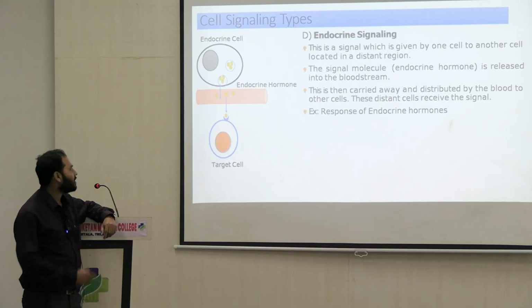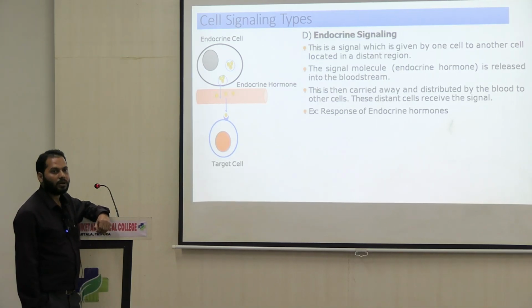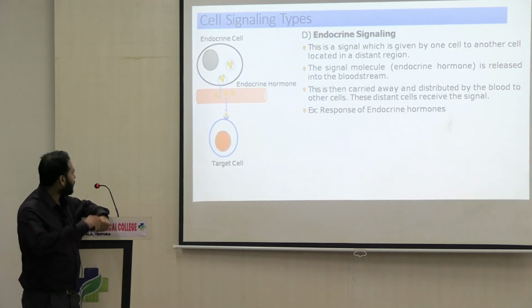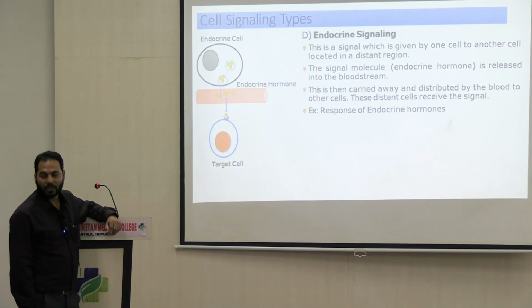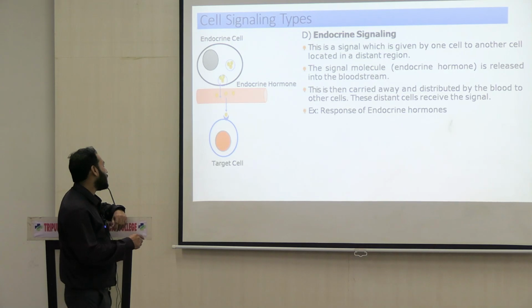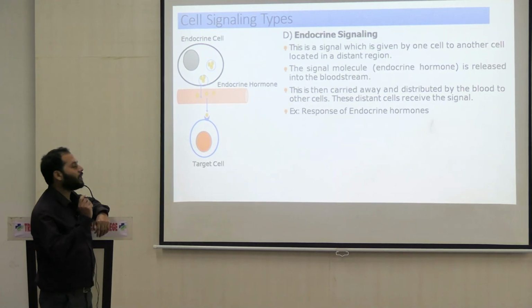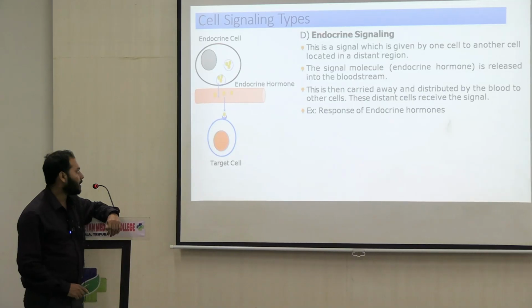So that path is the blood vessels, right, or body fluid. So through blood vessels or through body fluid, this mediator reaches the target cells, and accordingly they bind to the specific receptors and the cells respond, right? So this is another important feature of endocrine communication or endocrine signaling.